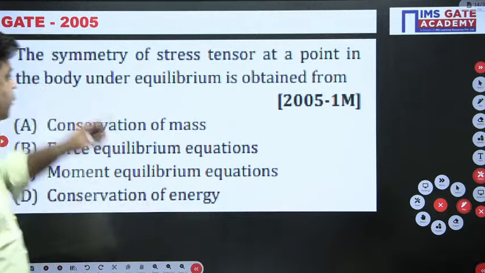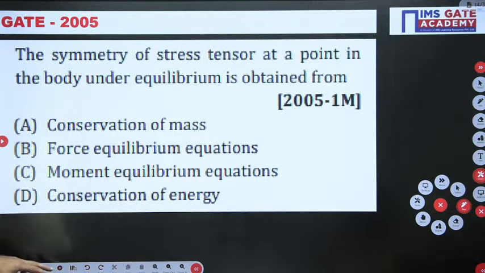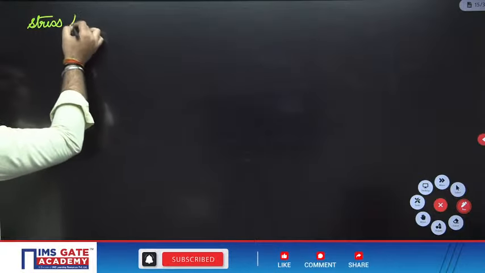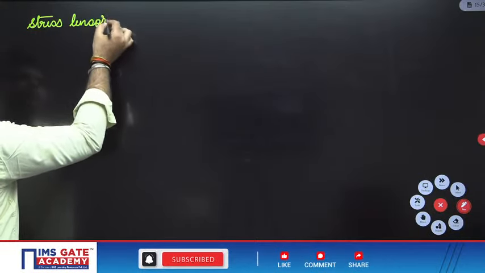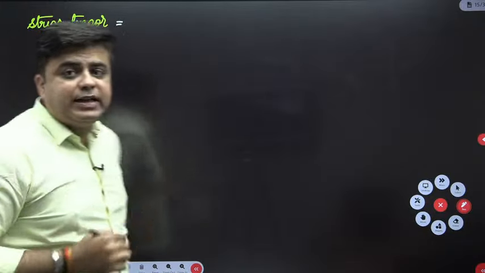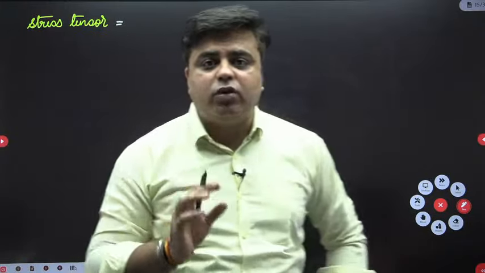Let's see this. First of all, what is stress tensor? To write down the stress tensor, you need to understand tensor quantities. You have seen scalar quantities.